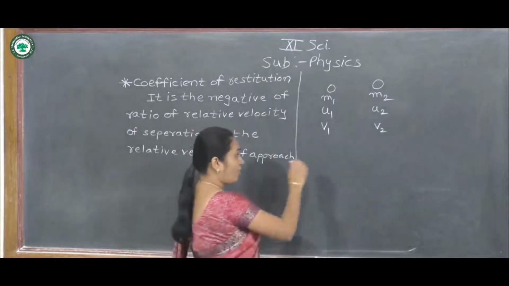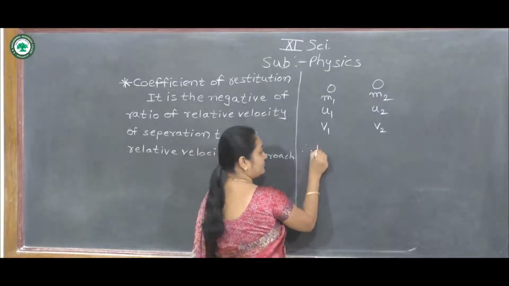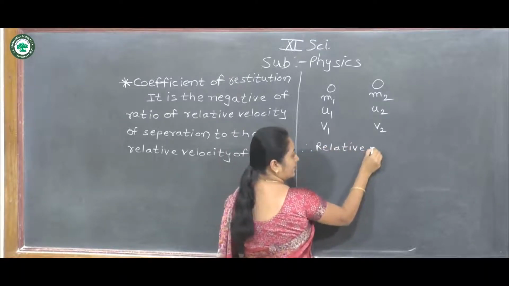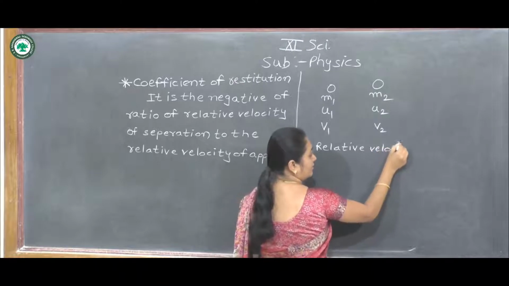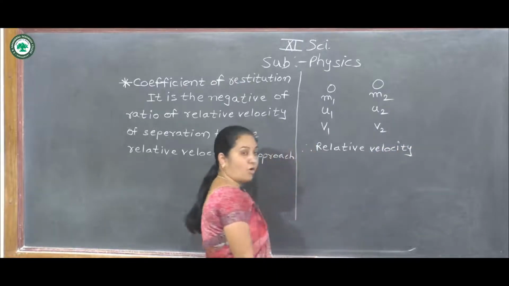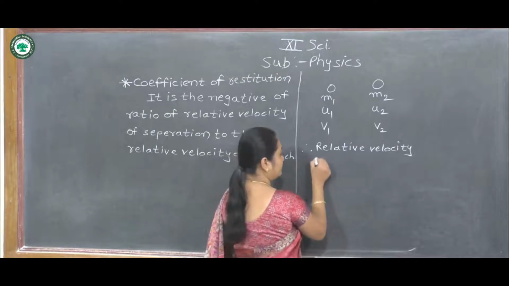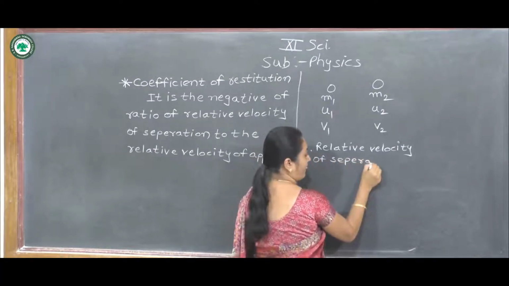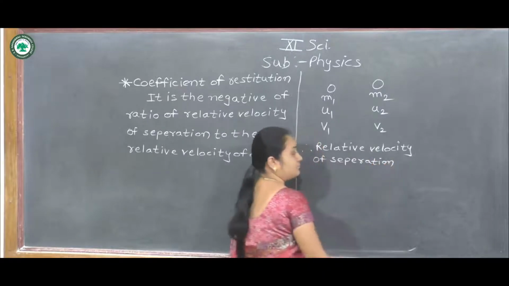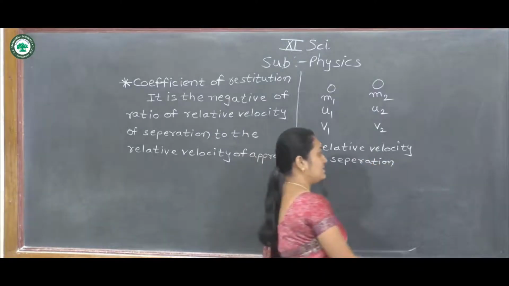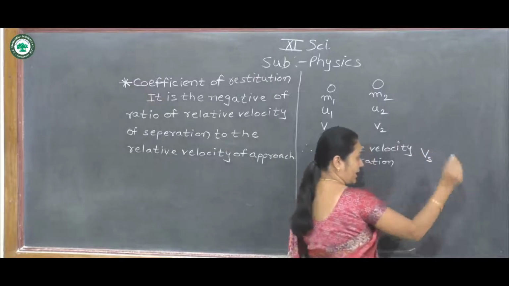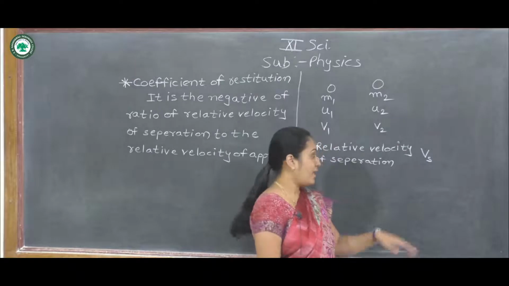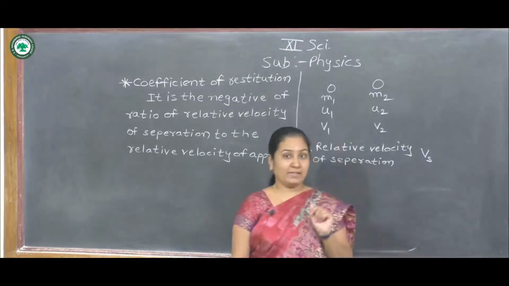Therefore, the relative velocity of separation is denoted as Vs, S for separation and V for the final velocity.